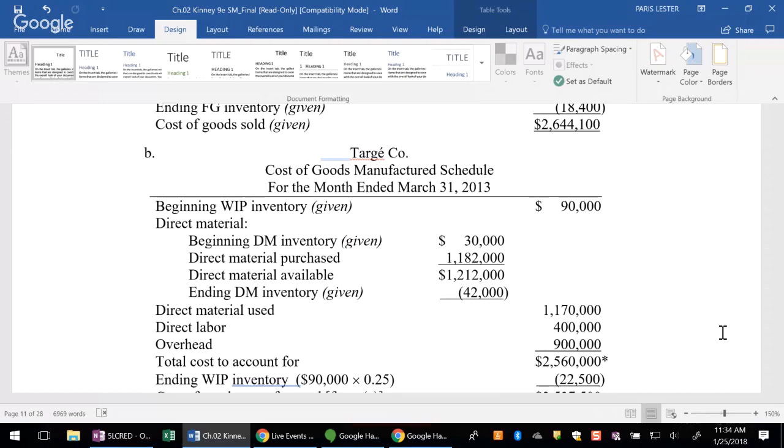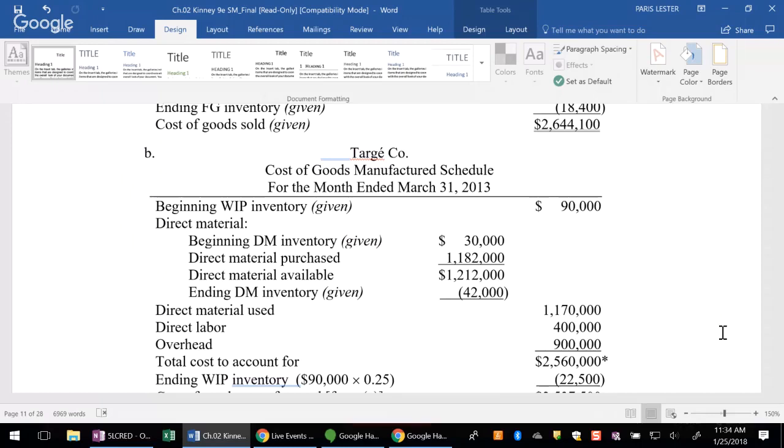No. All right, was overhead given? No. Really? I mean, it was given a percentage. It was given that the overhead was like 225% of the direct labor. All right, so overhead is 225%, so 225% of 400.